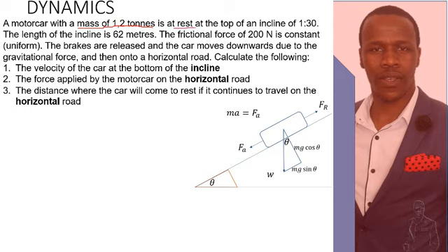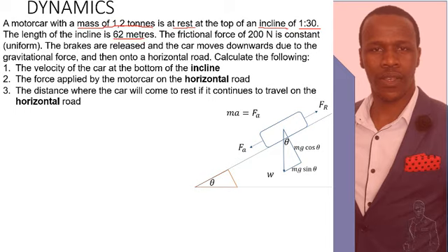That means u is equal to 0. We know that it is at the top of an incline, so we do have a slope. That means this is sine theta. The length of the incline is given, so we know s.